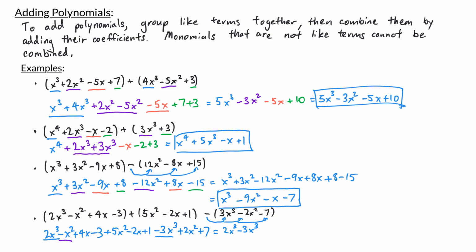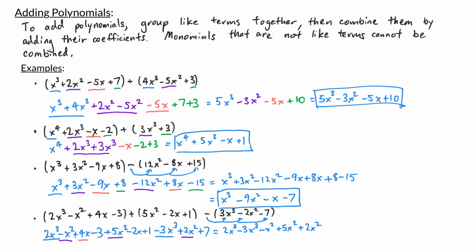Next, we have minus x squared, and we also have a plus 5x squared, and also plus 2x squared. All three of those are like terms because they have x to the second power. So I'll group those together. That's minus x squared plus 5x squared plus 2x squared.